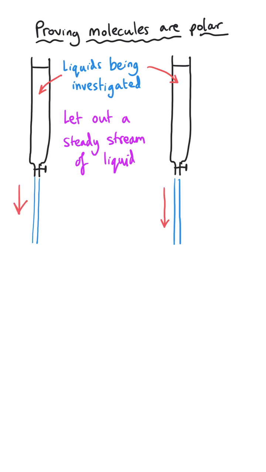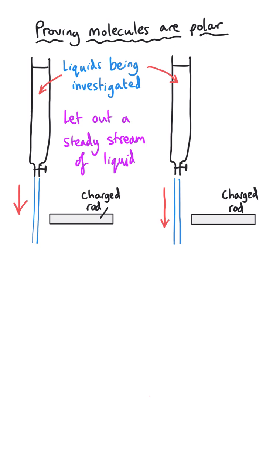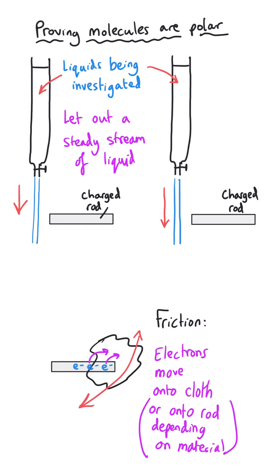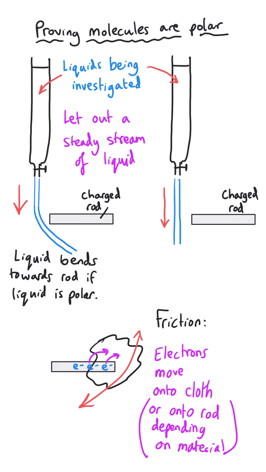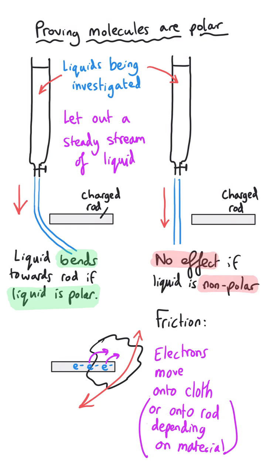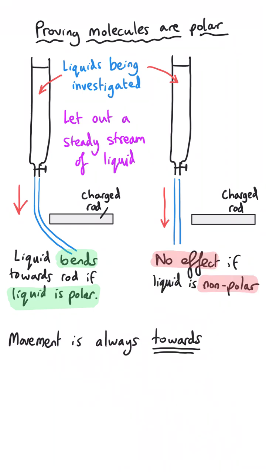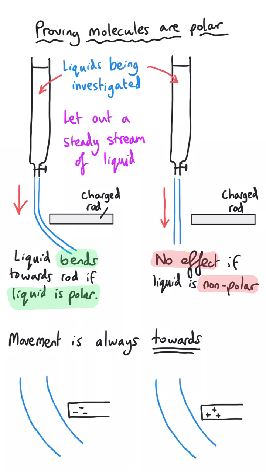Then you take a charged rod that's been charged using friction to transfer electrons between the rod and the cloth, and the liquid will bend towards the charged rod if it is polar, and it will do nothing if it is a non-polar liquid.